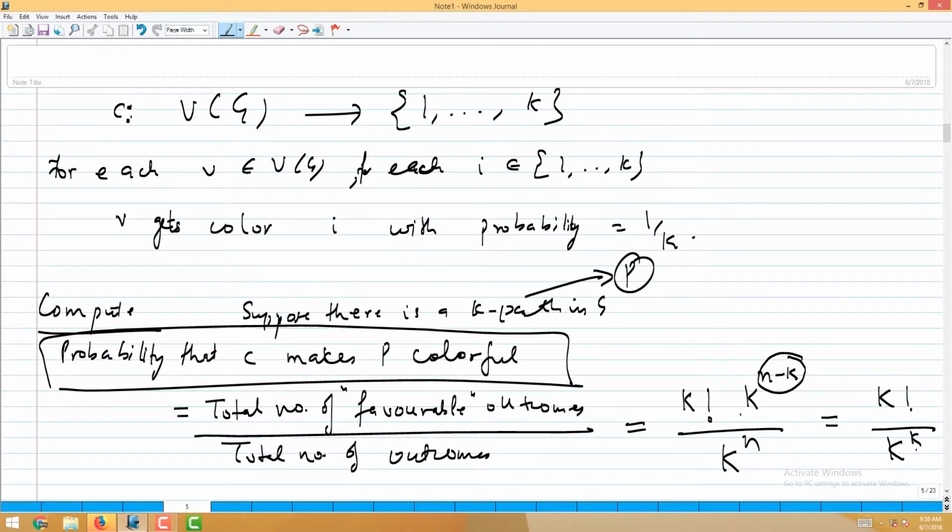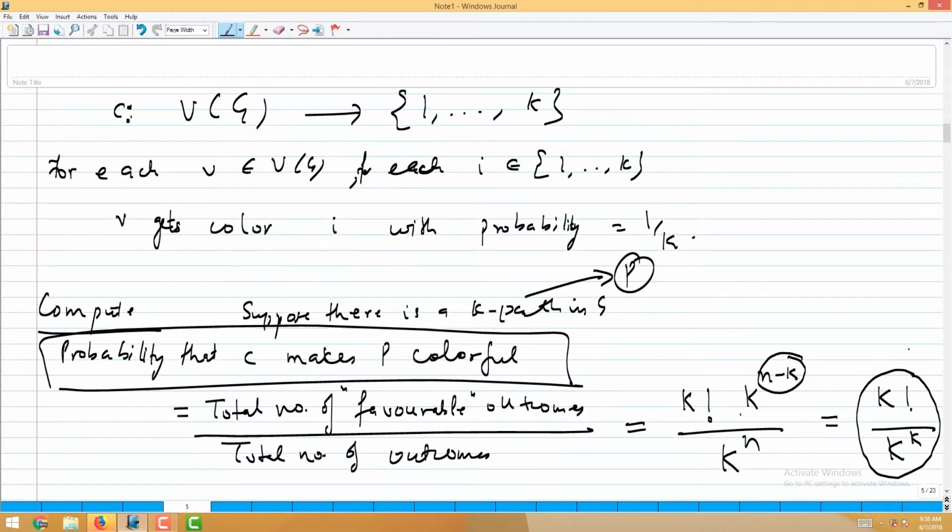Now, does anyone know a way to write this expression more neatly? So basically, does anyone know an upper bound for K factorial?